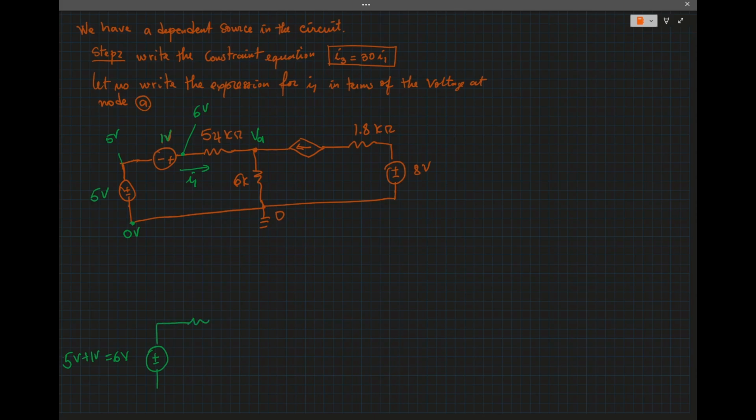And we have the 54 kilo ohms, and then we have the 6k, and we have the current source, which is 30I1, so 1.8 kilo ohms, and we have 8 volt.